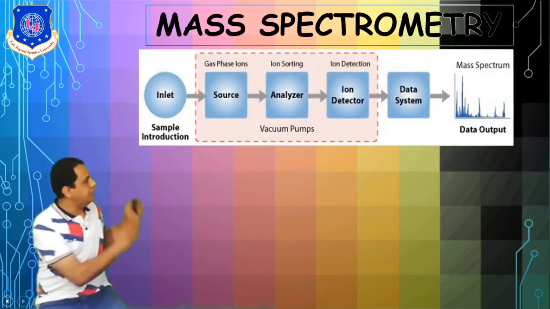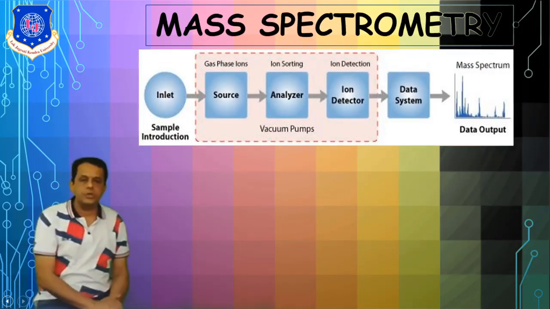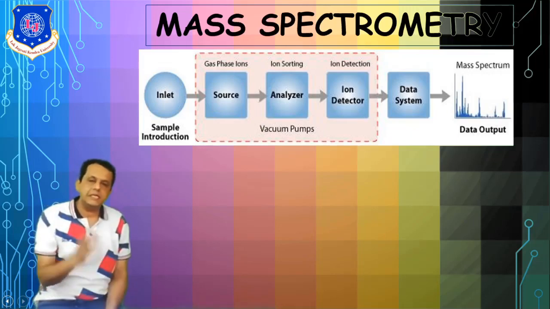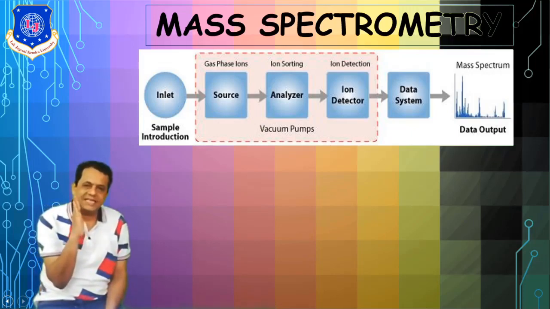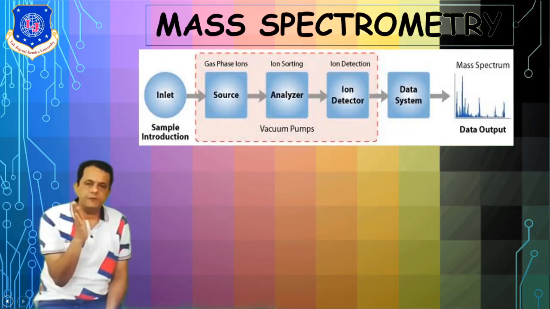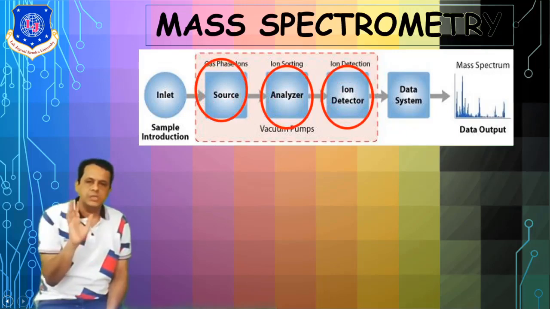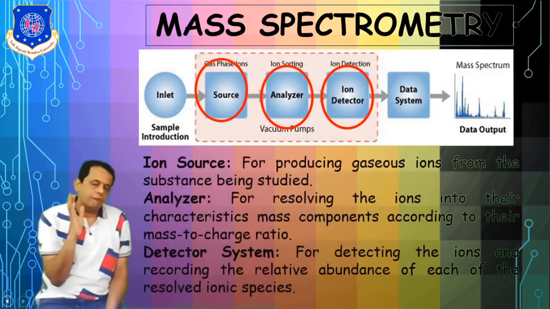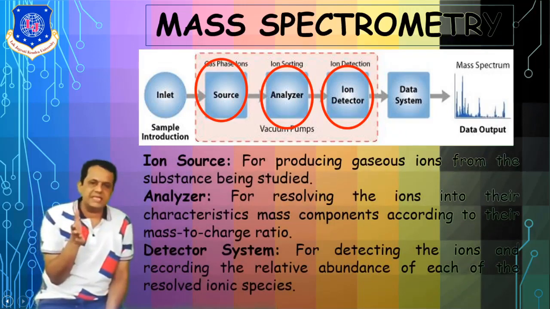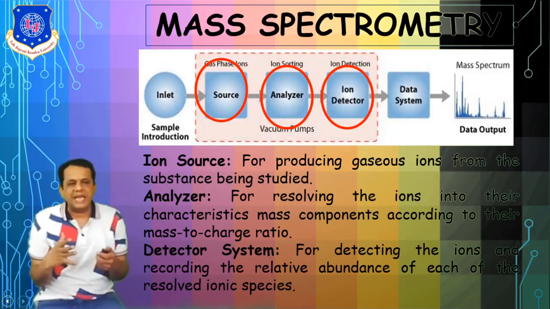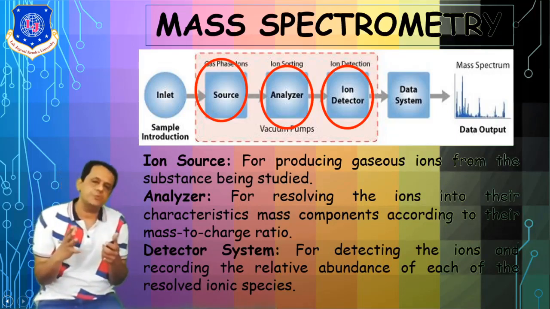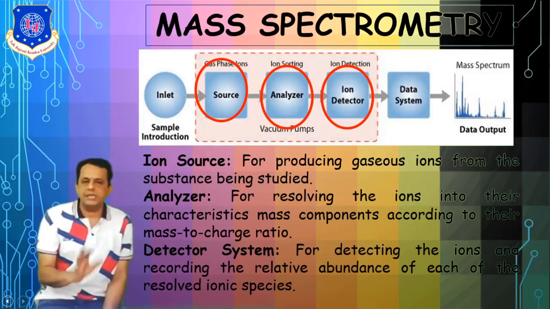Here you see one simple block diagram, showing one inlet. Then we have a part containing the source, analyzer, and ion detector. So what is the ion source? It produces the gaseous ions from the substance under study.